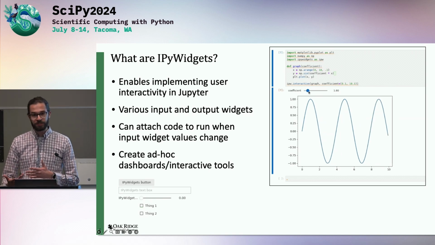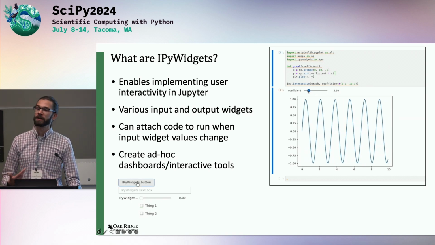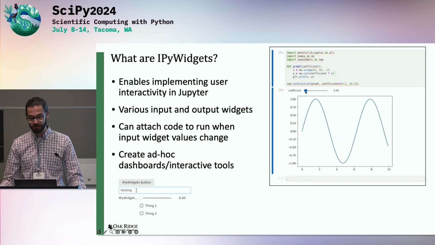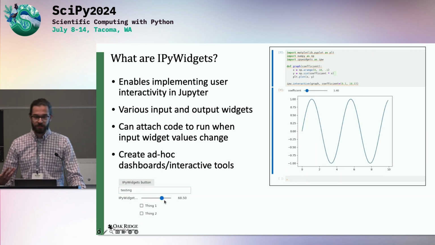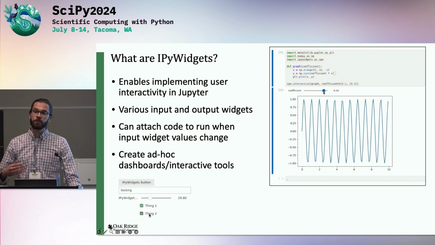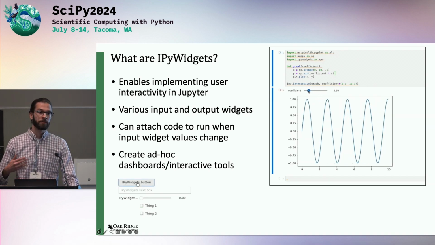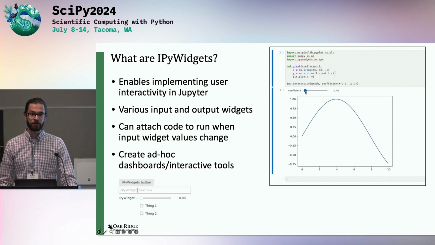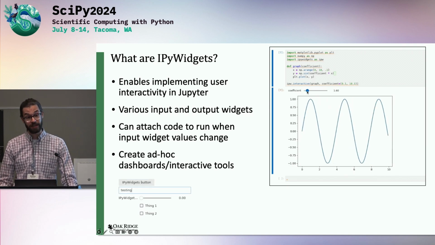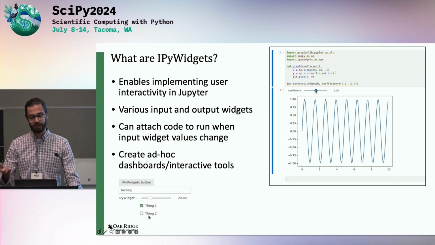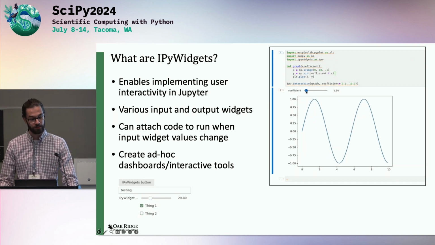And then output widgets give you a place to render anything that could normally be rendered as the output of a Jupyter cell. Some of the power from this comes in is that you can attach your own event handlers to run when the input widget values change. So for instance, when someone has clicked that button, or when the text in the text box has changed.